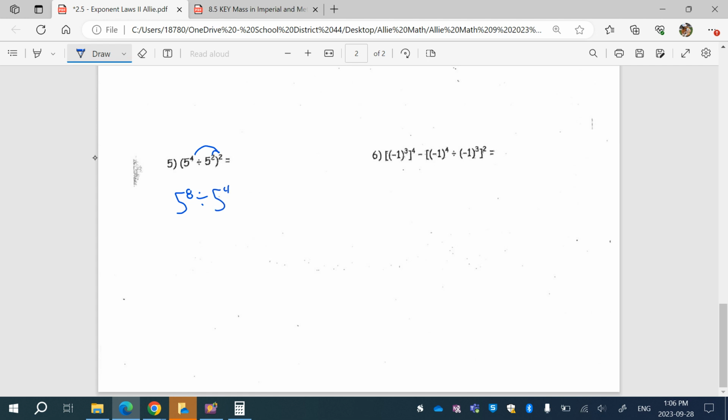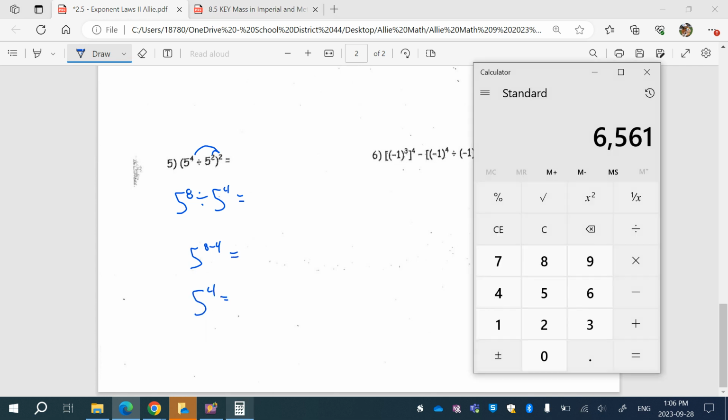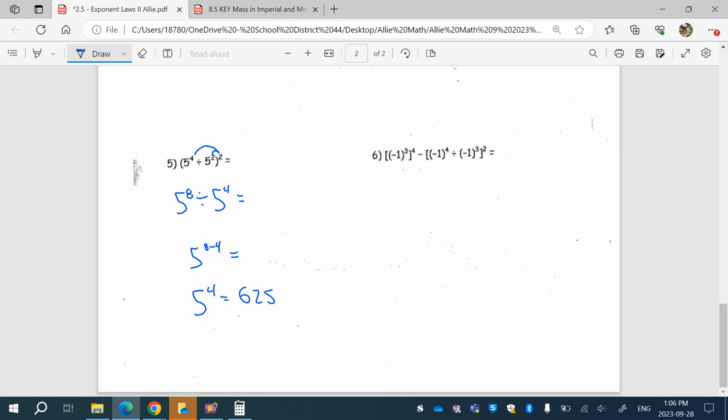Now remember our law that if we have the same base being divided, we can subtract the exponents. So we get 5 to the power of 8 subtract 4, which is the same as 5 to the power of 4. We can solve that. 5 times 5 times 5 times 5 equals 625.